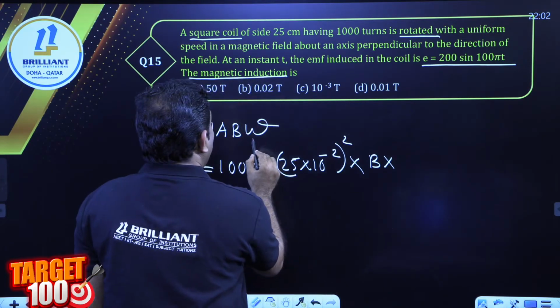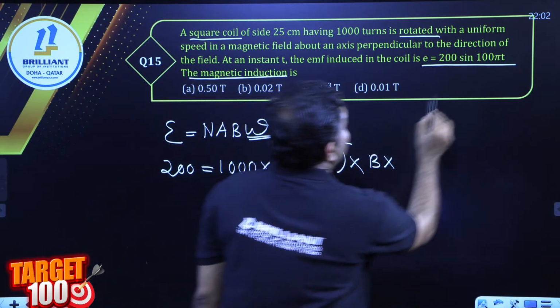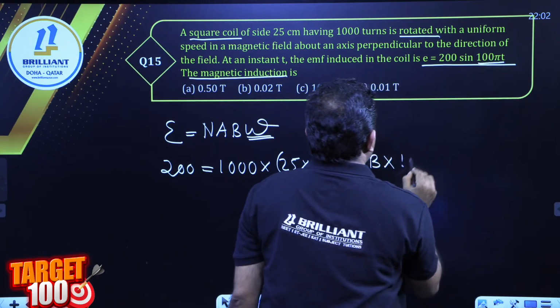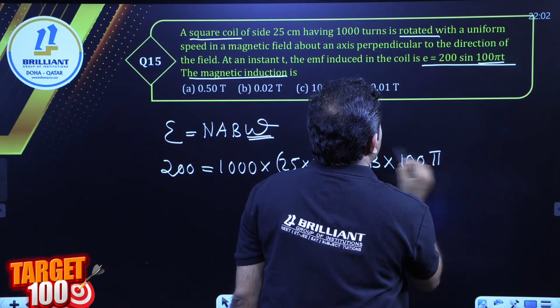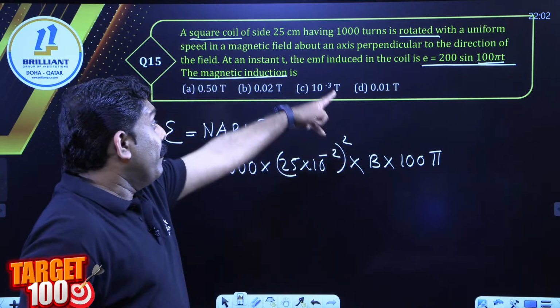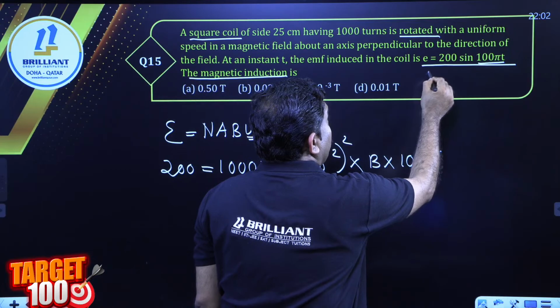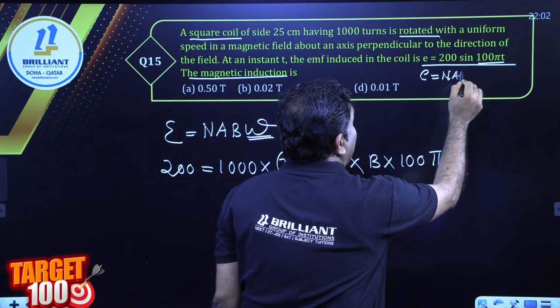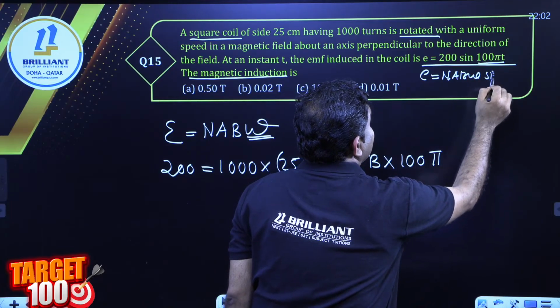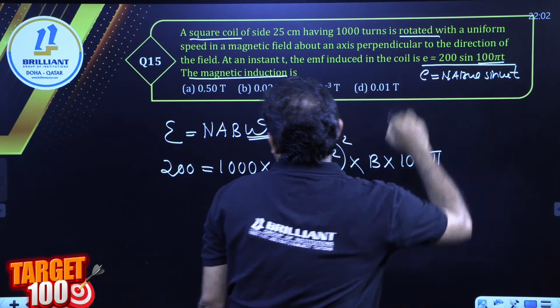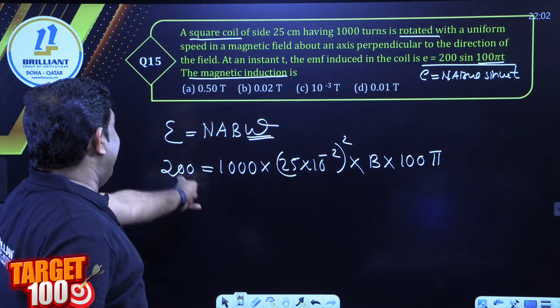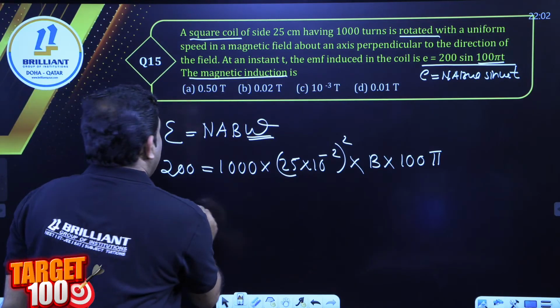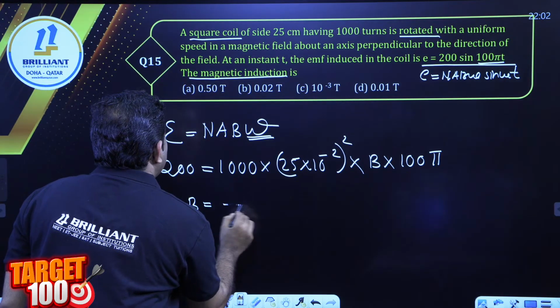Omega is equal to 100 pi, because we know the equation for induced EMF we studied, E equal to NAB omega sin omega t. So it's clear, NAB omega is directly given as 200.